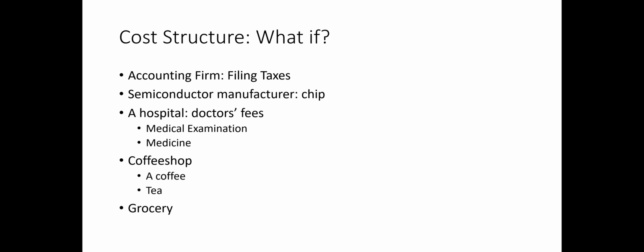Or what if it's a coffee shop where we go in and hang out with friends and we buy some coffee? What kind of cost structure do they have? Or grocery? The answers to these, we're going to talk about in these slides.